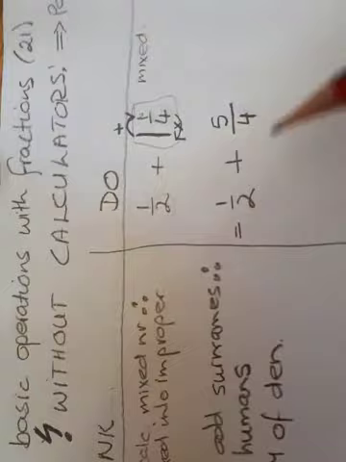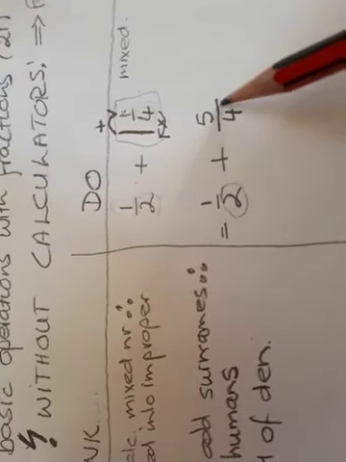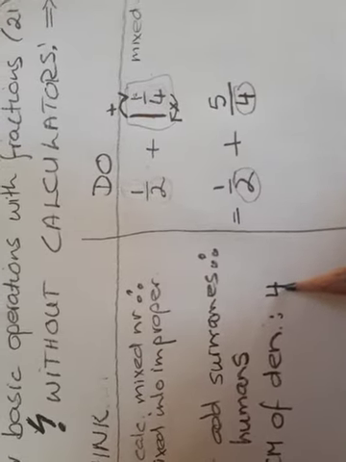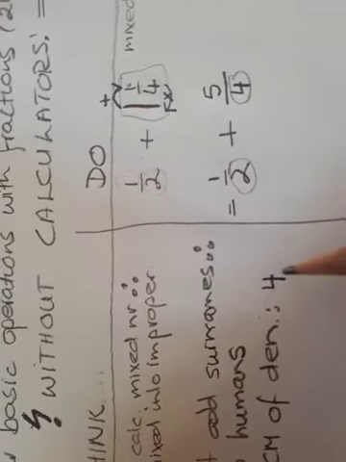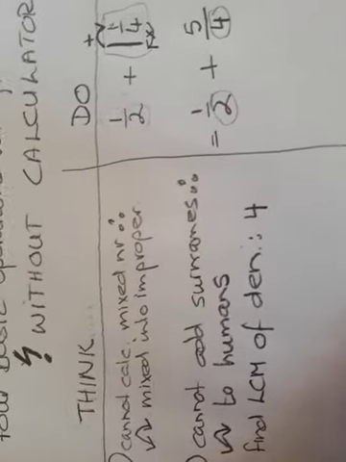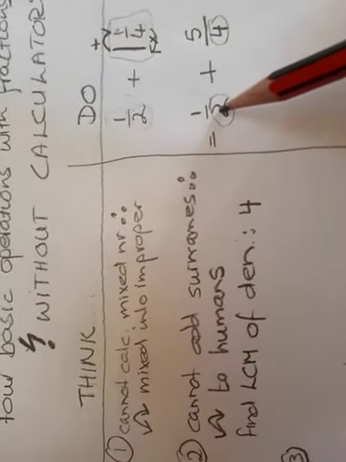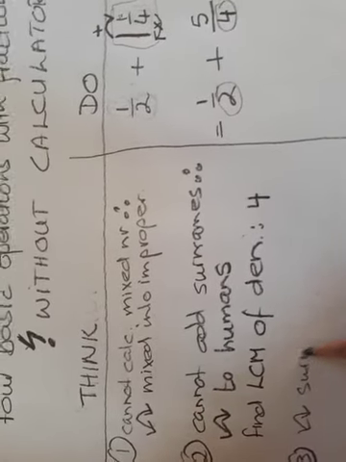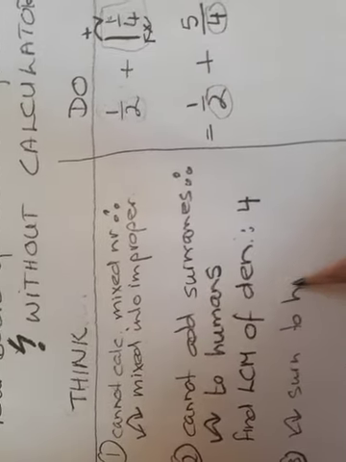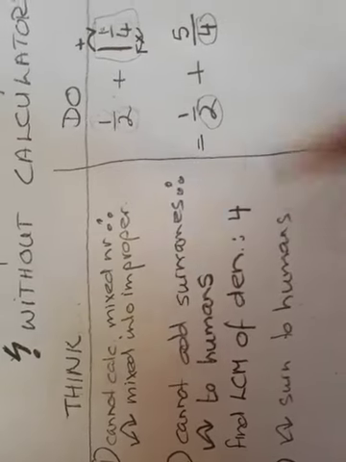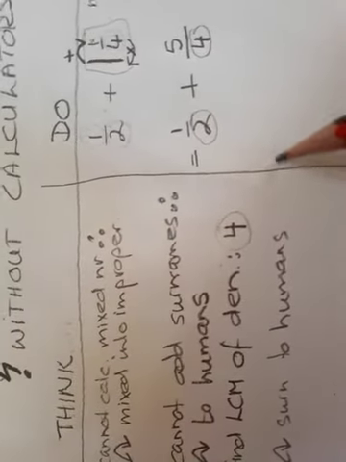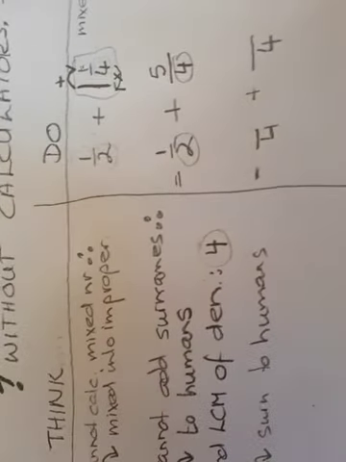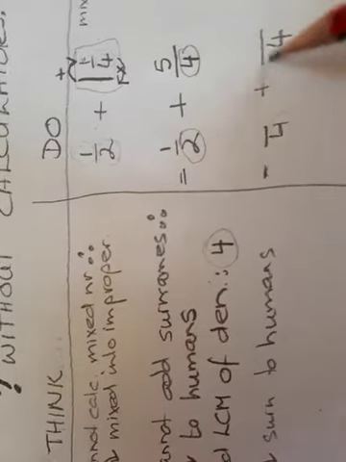So when you go to the denominators, it is 2 and 4. And the lowest common multiple of 2 and 4 is 4. Now you have to change the different surnames to humans. How do we do that, people? Our humans is the 4. So this must become 4 and that must become 4. That is now humans.